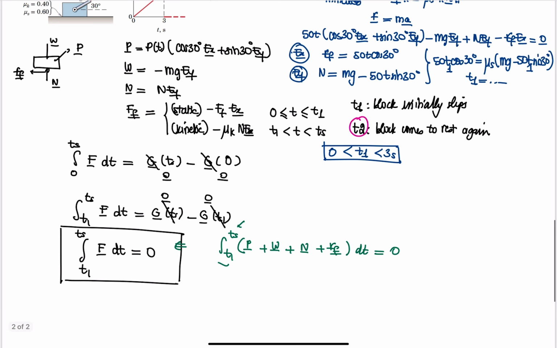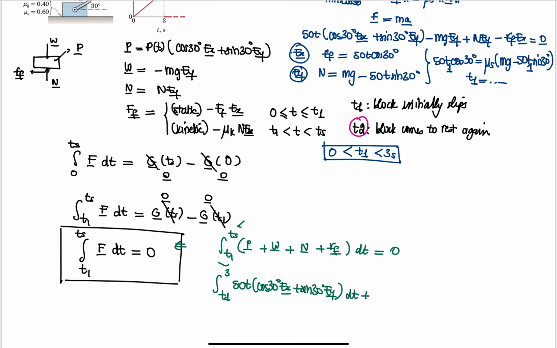Now I'm going to integrate P between T1 and Ts. The expression of P changes. P basically disappears for times greater than 3 seconds, so P is non-zero only between T1 and 3. That would be 50t cosine 30 degrees Ex plus sine 30 degrees Ey, dt.